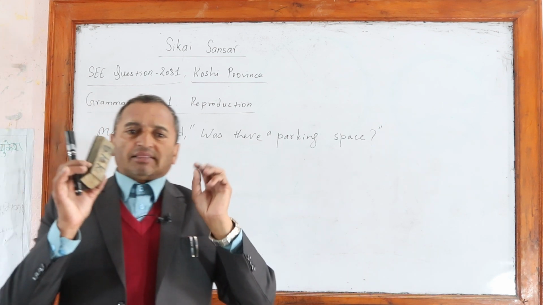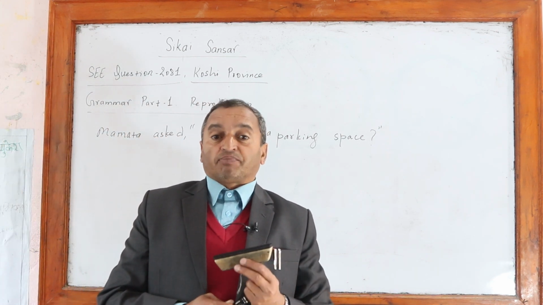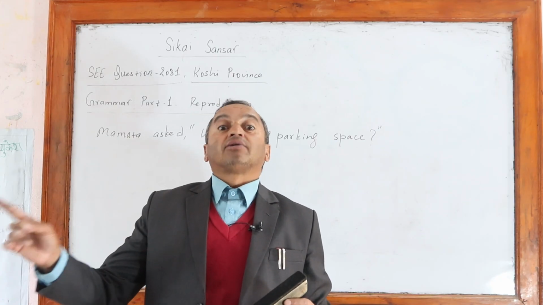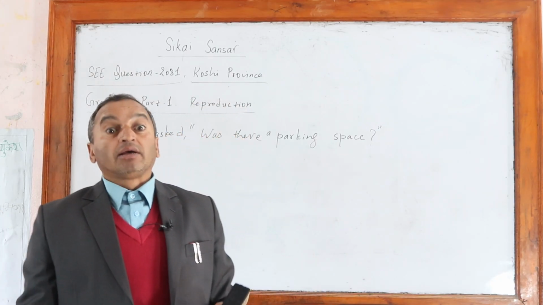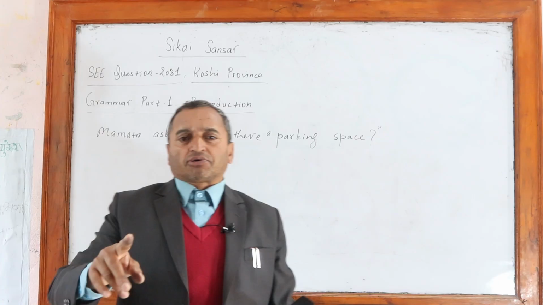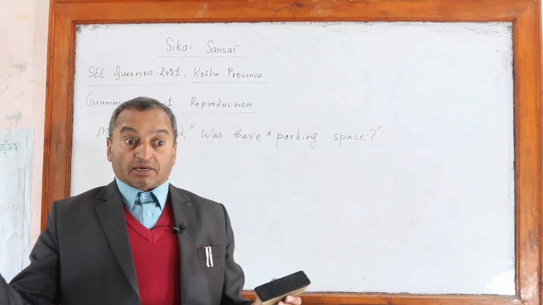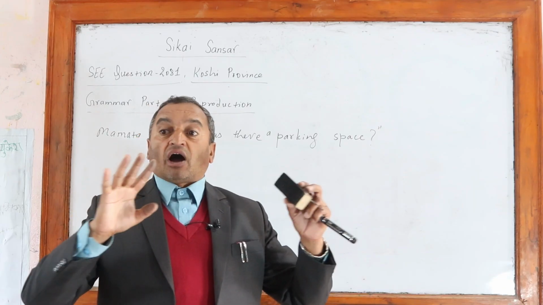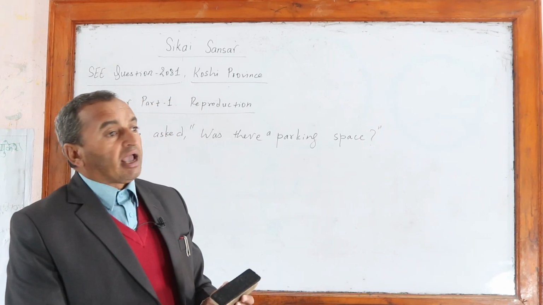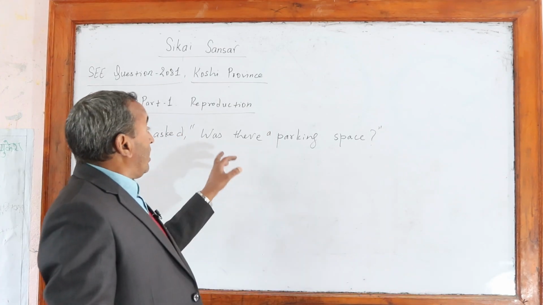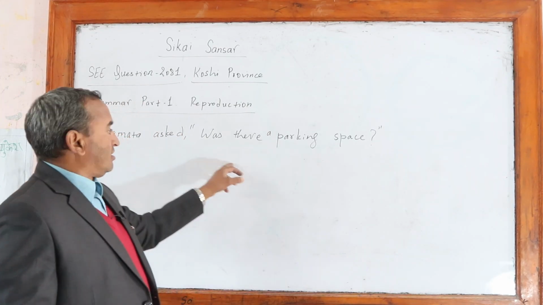When something is given in the simple past tense, the simple past tense is changed into past perfect. Past continuous is changed into past perfect continuous tense, and past perfect and past perfect continuous tense are not changed while transforming into indirect speech. And then what about the conjunctions?